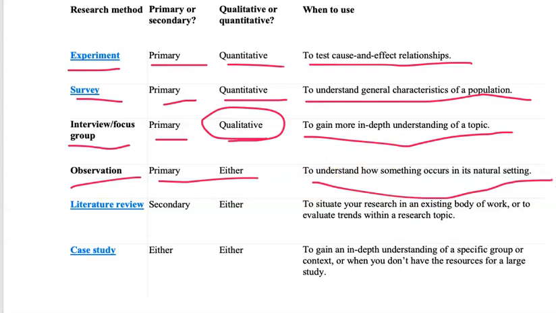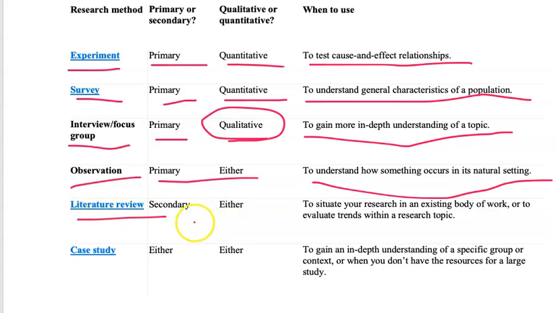So if you want to study the growth of trees in a particular area after the rainy season, then it can be quantitative data. But if you want to analyze the effect of temperature on rain in a particular area, then it can be qualitative.